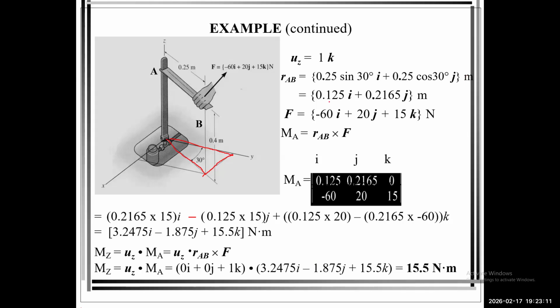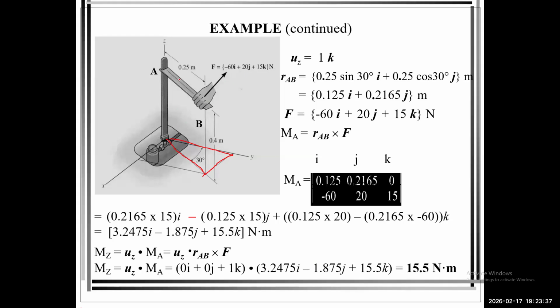And so you have it as 0.125 in the I and 0.2165 J in the Y direction. So that is your position vector, right? You wish all position vectors could be so straightforward. And then now your force is already given to you in Cartesian, so you don't have to worry about that.